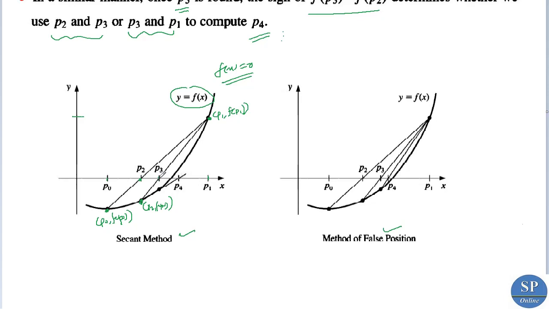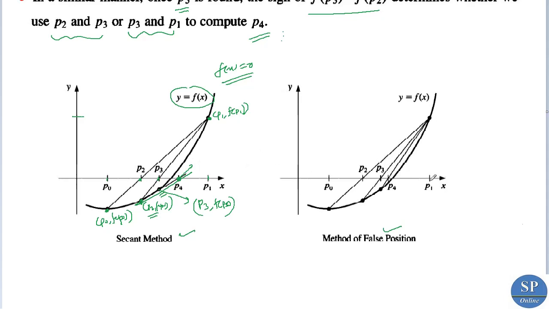That means after finding P3, we have this point, P3 comma f of P3. So to find P4, we are taking P4 as the x-intercept of the line joining P2 comma f of P2 and P3 comma f of P3. That is, this will be that line. So this will be P4.